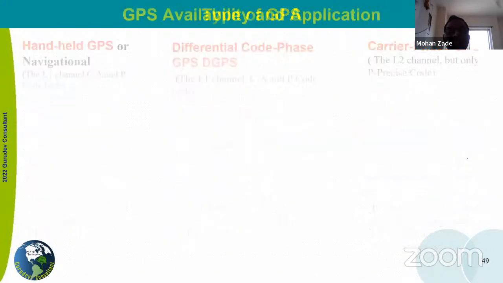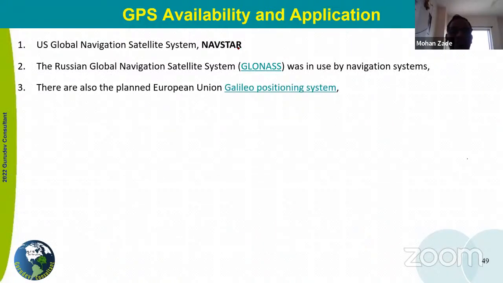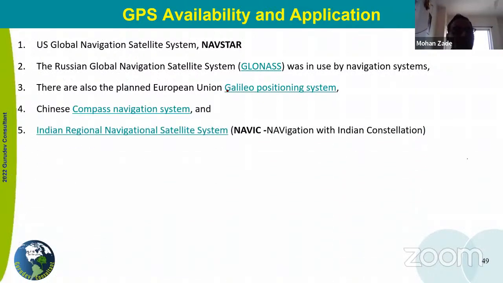in XYZ. There are various GPS satellite systems available: Navstar from the US, GLONASS from Russia, Galileo from the European Union, the Chinese Compass navigation system, and recently the Indian Regional Navigation Satellite System, NavIC, which is also under constellations, and there are 7 to 8 satellites already moving over our Indian region to record XY positions.